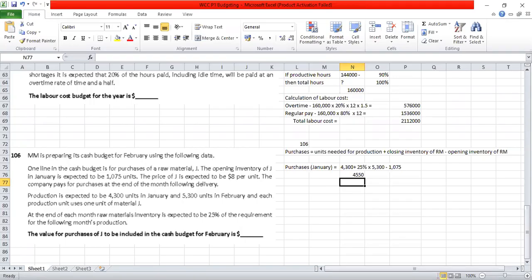So following month the payment would be made. So it will be February. Cost of material is equal to 4,550 into $8.